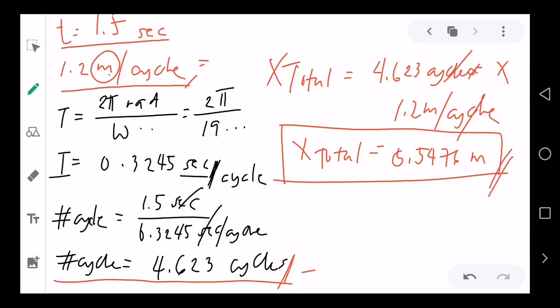Pakicheck po kung tama ang akin. So, it's 5.5476 meters. This is the answer for letter A.